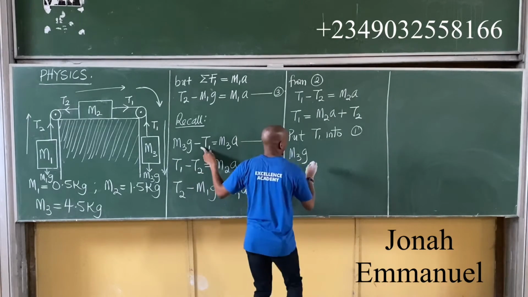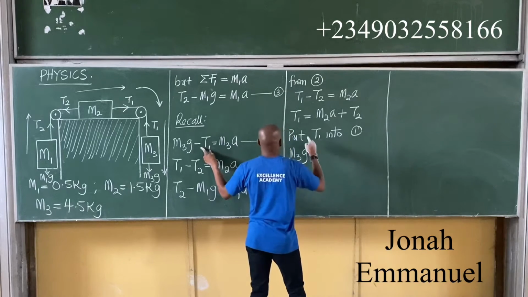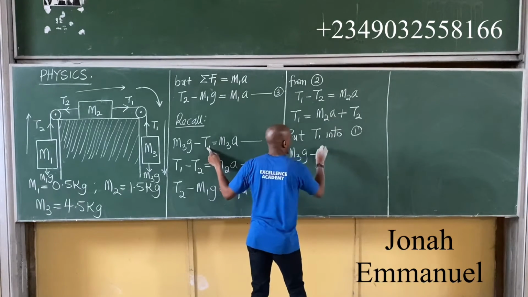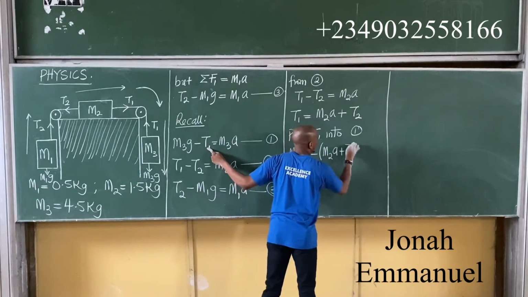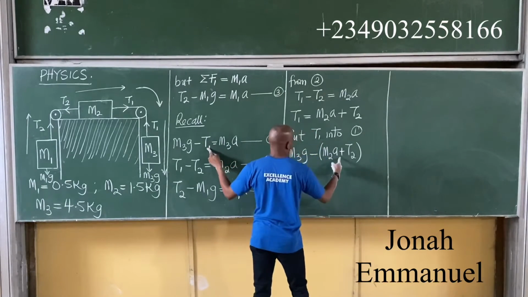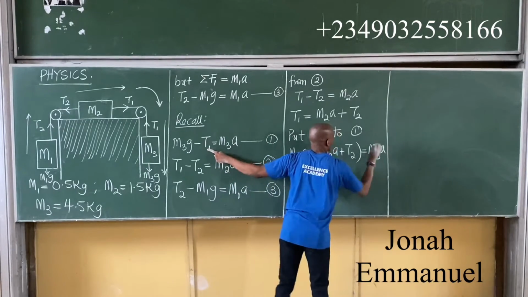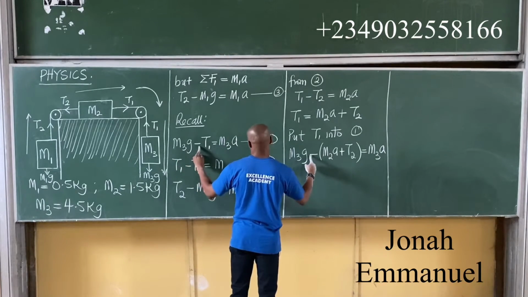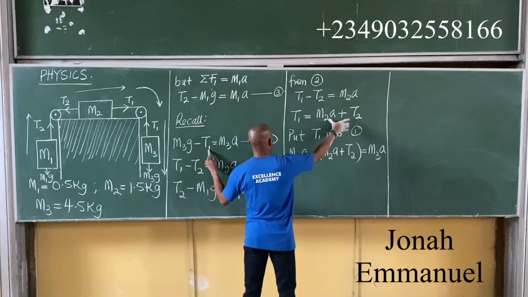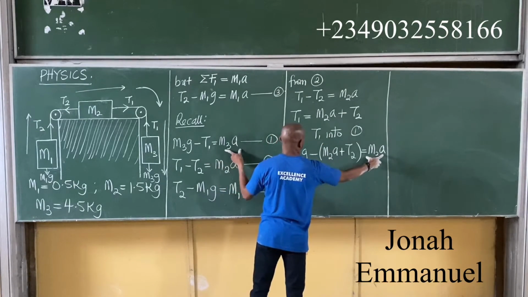We had minus T1. What's T1 there? M2A plus T2. Put T1 here: M3G minus T1 is this value. So this replaces this here. I have this is equal to M3A.